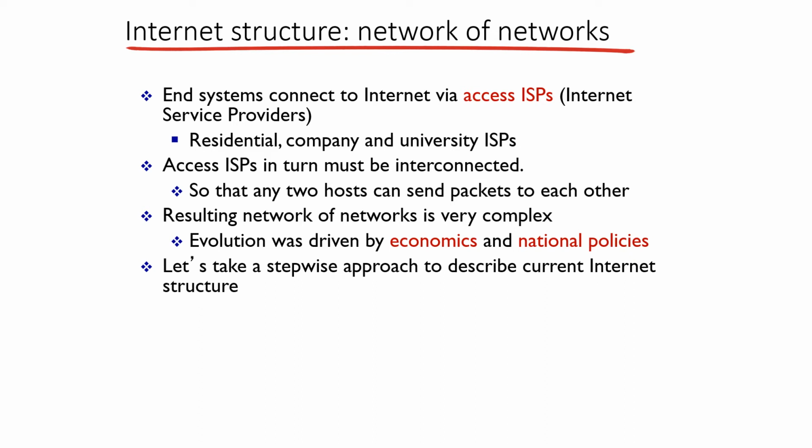The access ISPs in turn must be interconnected together by other internet service providers so that any two hosts that are connected to different internet service providers can transfer packets amongst each other. The resulting network is a little bit complex, and the evolution of that is determined by the economics as well as national policies.